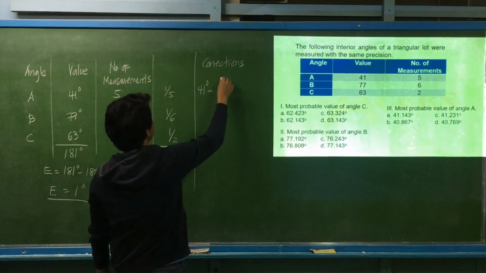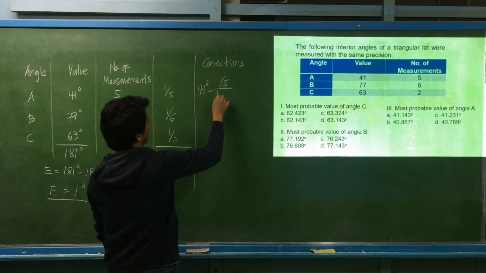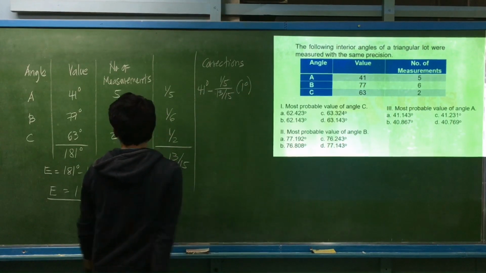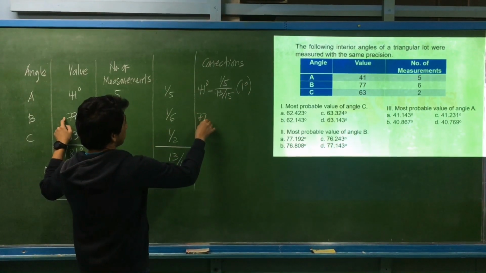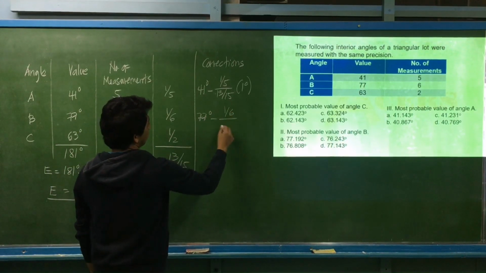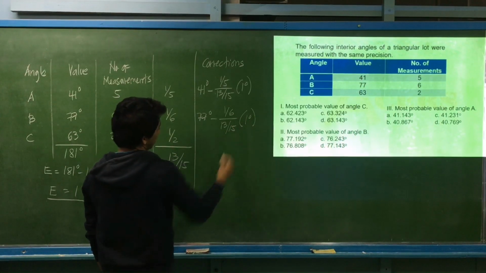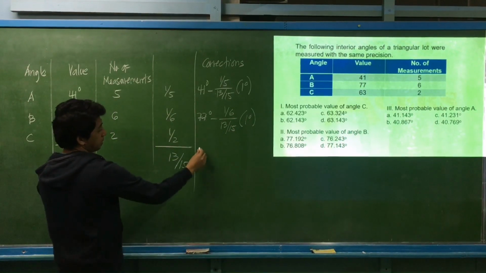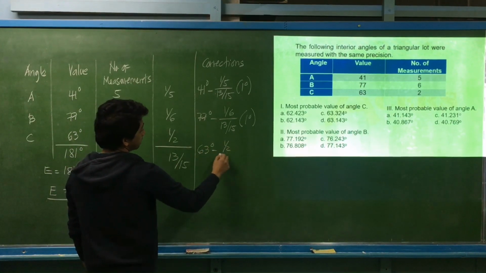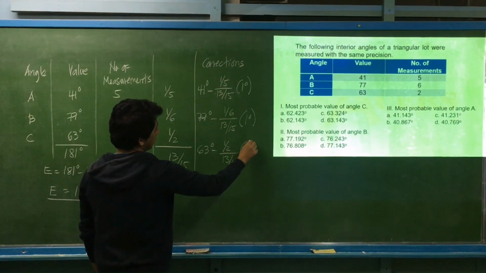For B, we have 77 degrees minus 1/6 over 13/15 of the 1 degree error. And lastly, 63 degrees minus 1/2 over 13/15 of the 1 degree error.